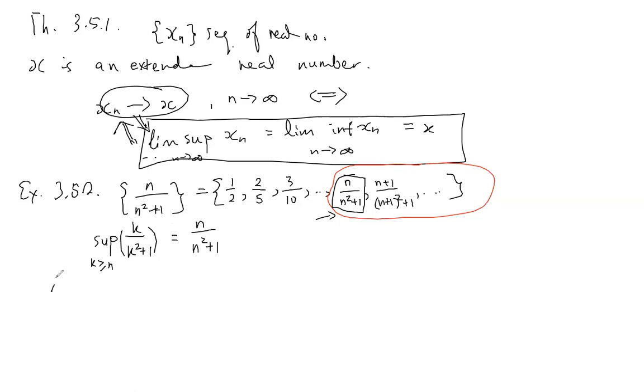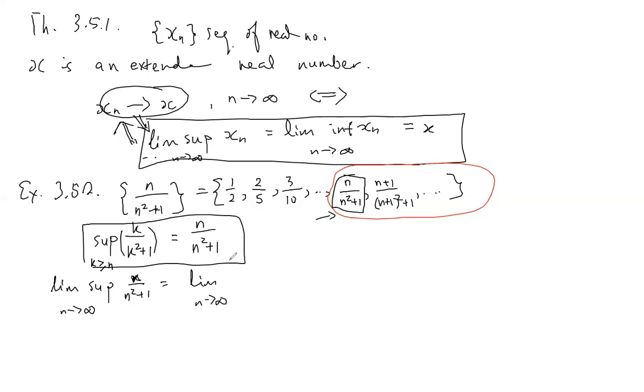Therefore, your lim sup, with n squared plus 1 here, is the limit of the supremum, by definition. So this will give you 0.